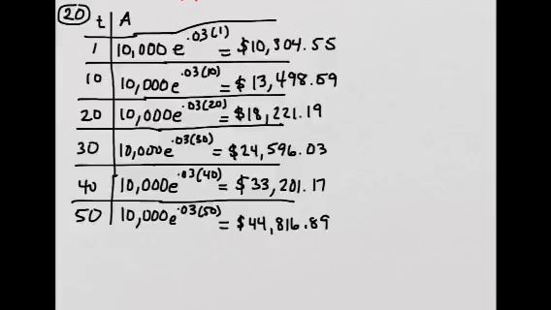For number 25, you have to convert from logarithmic to exponential or vice versa. So 25 is a logarithmic equation, so now you have to convert it to exponential. So you look for your base, and in this case the base is 64.